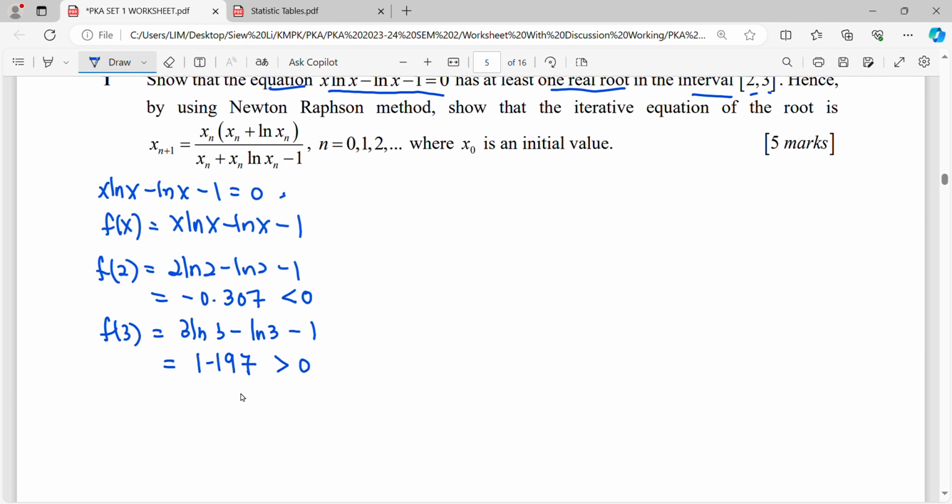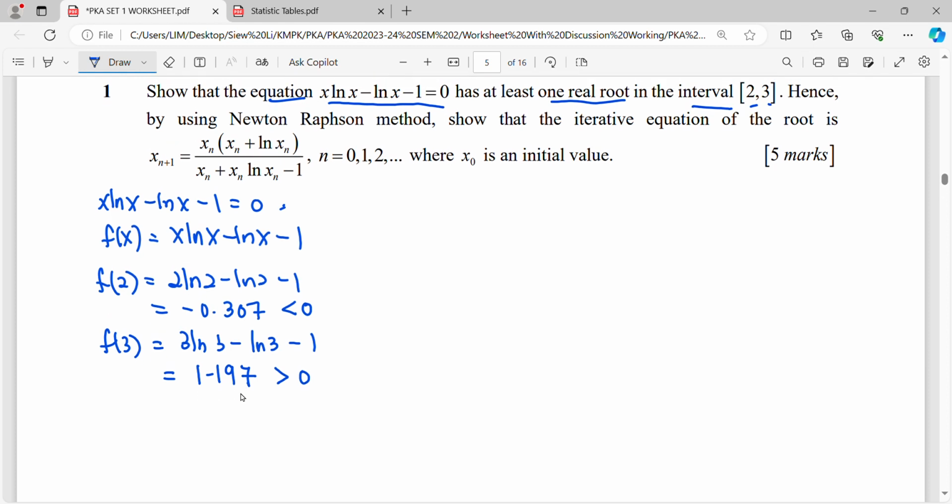So come up with the conclusion. Since f(2) and f(3) have opposite signs, follow through the sentence here.